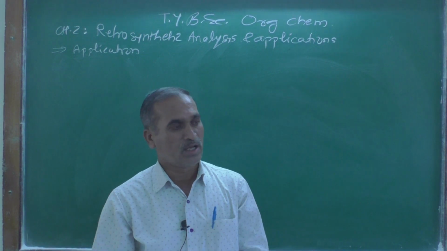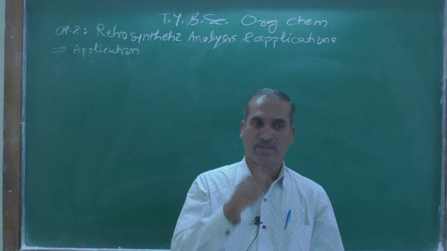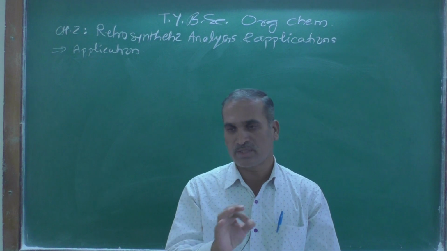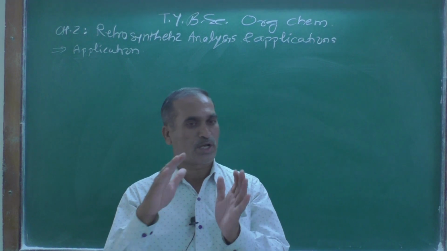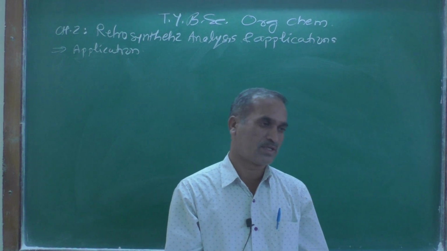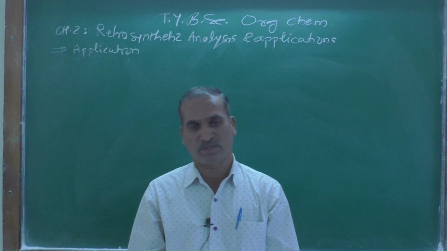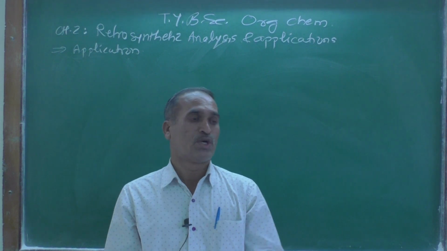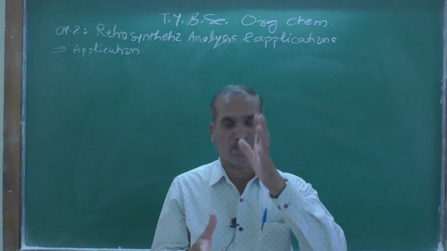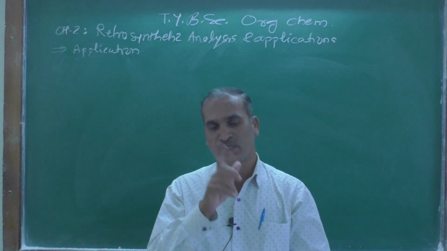The second term we have used is RS, the full form of RS is retrosynthesis. Retrosynthesis means, definition: an imaginary but logical reverse chemical reaction which helps us to reach the reactant starting from the target molecule.